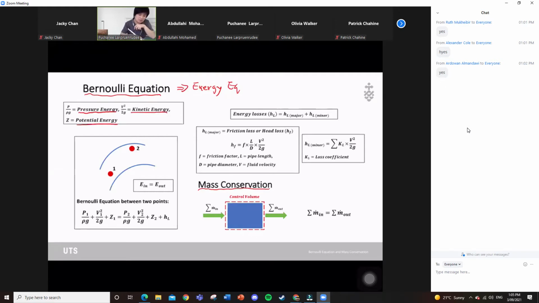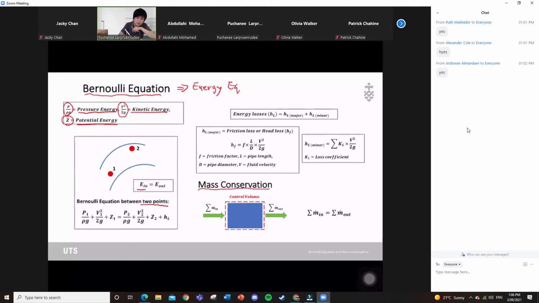Pressure energy is pressure divided by rho g, and kinetic energy is v square over 2g, where v is the velocity. Potential energy is z, that is the elevation. So we need to use the Bernoulli equation between 2 points to do the calculation.